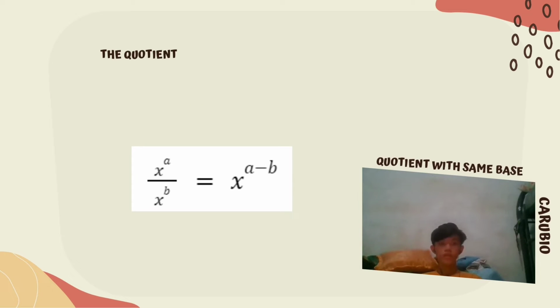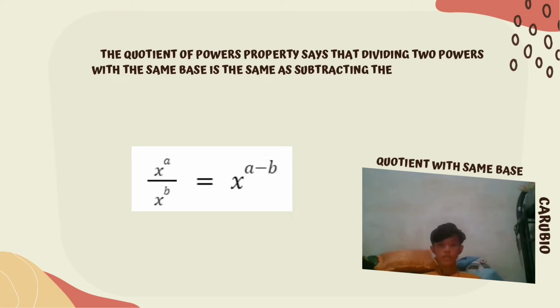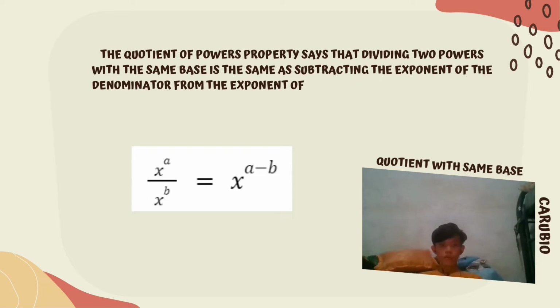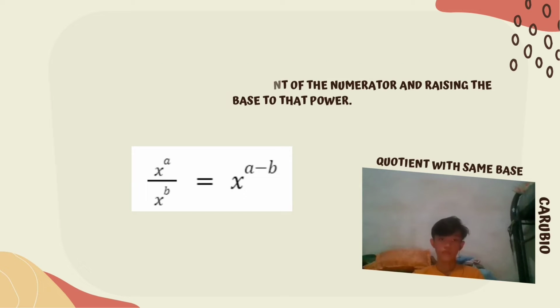And let's go to another lesson, which is the quotient with the same base. The quotient of powers property says that dividing two powers with the same base is the same as subtracting the exponent of the denominator from the exponent of the numerator and raising the base to the power.